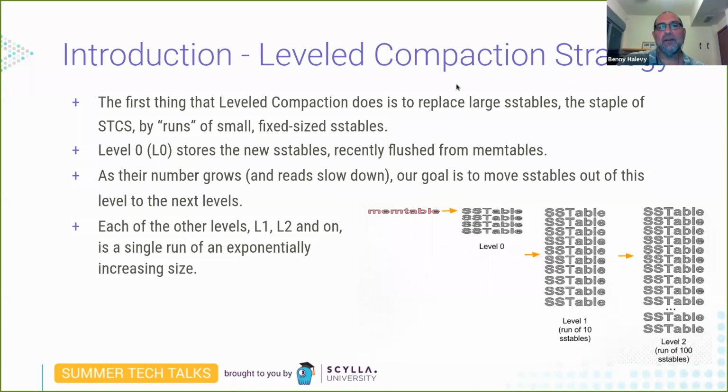Each of the other levels, level 1, level 2, and so on, is a single run of exponentially increasing size. So level 1 will contain, for example, a run of 10 SSTables, while level 2 will contain a single run of 100 SSTables. The next level will contain 1,000 SSTables, and so on.